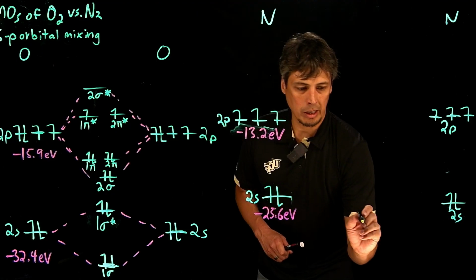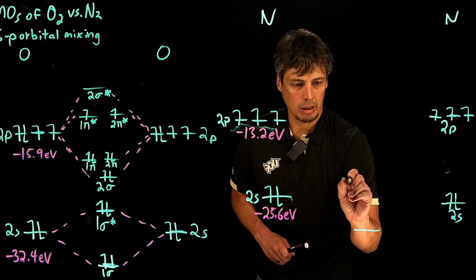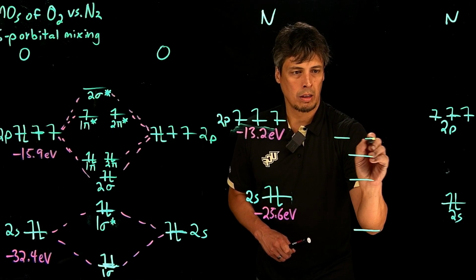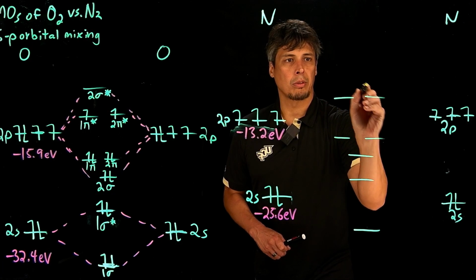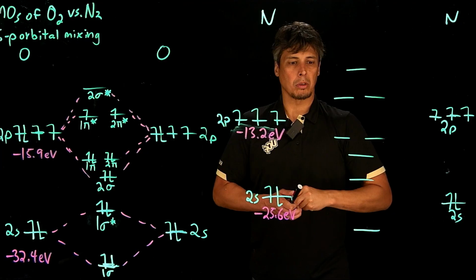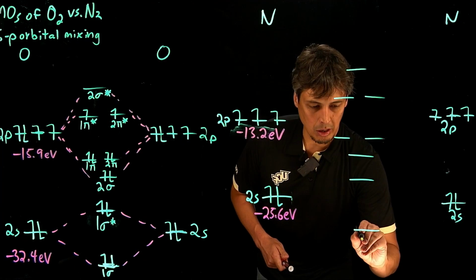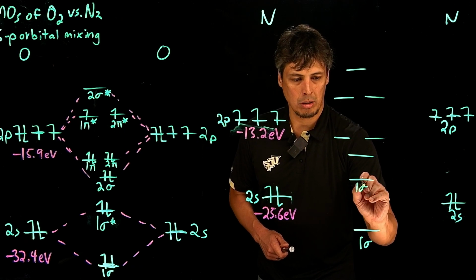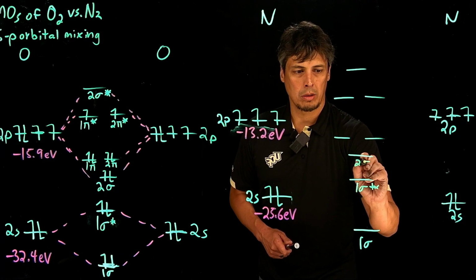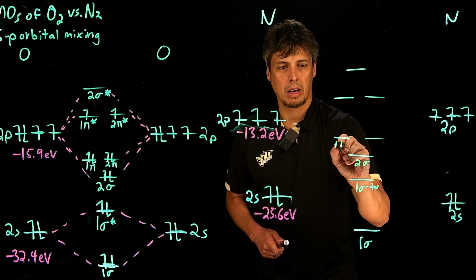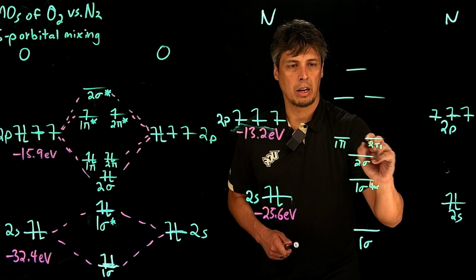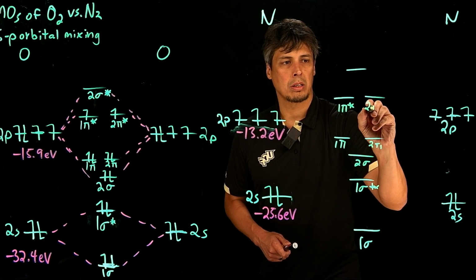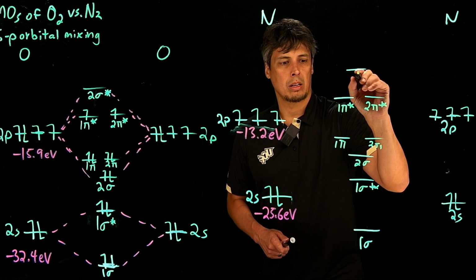Qualitatively, we would think that the energy level diagram for the MOs constructed from these atomic orbitals should look very similar, where this is our corresponding 1 sigma, this is our 1 sigma star, 2 sigma, 1 pi, 2 pi, 1 pi star, 2 pi star, and 2 sigma star.